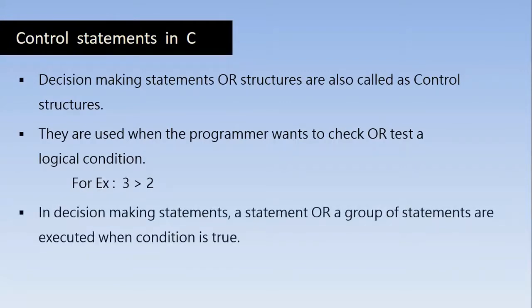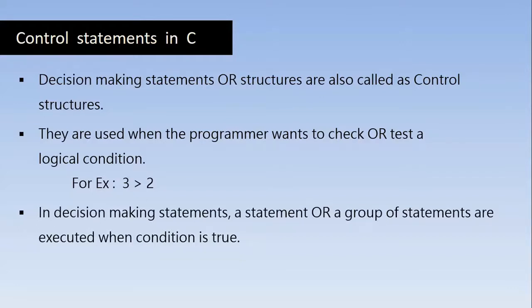In decision making statements, a statement or a group of statements is executed when the condition is true. While making the decision, first we check the condition. Normally conditions are Boolean expressions. If the condition evaluates to true, then we execute a statement or a set of statements.